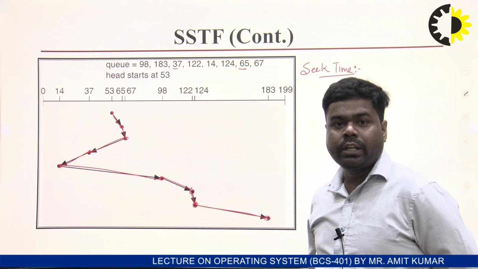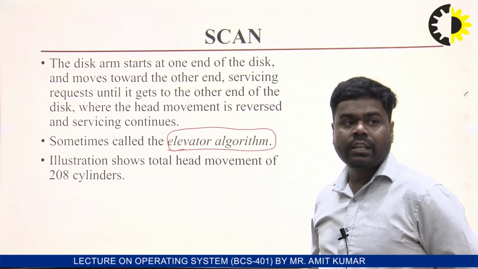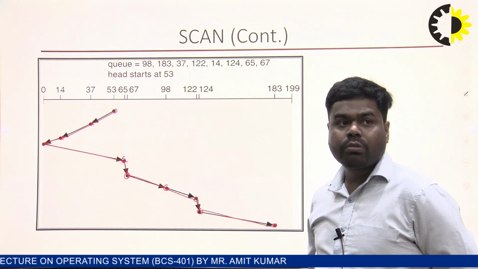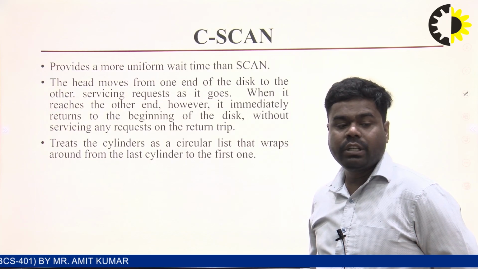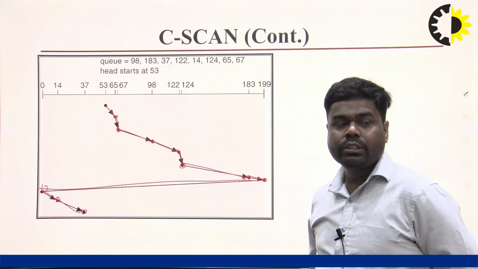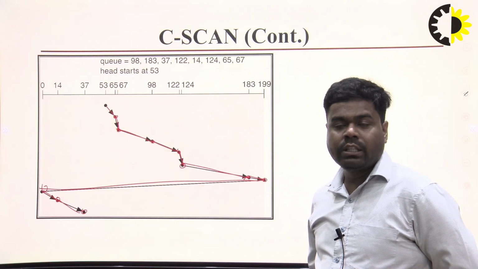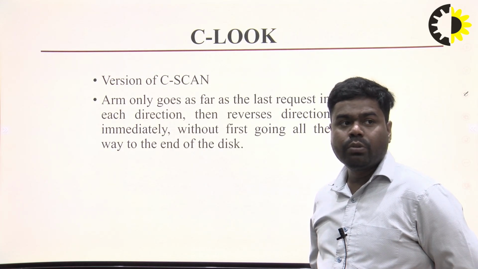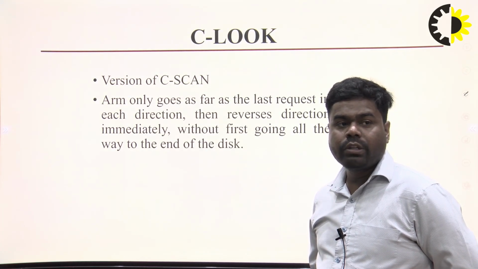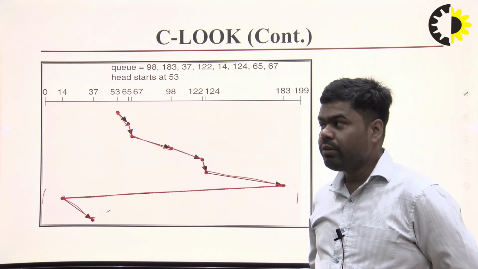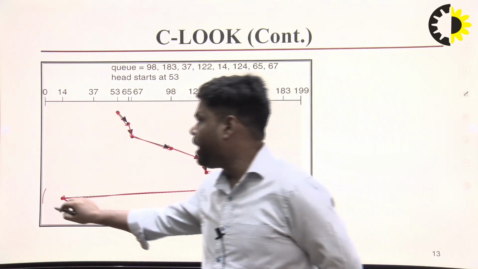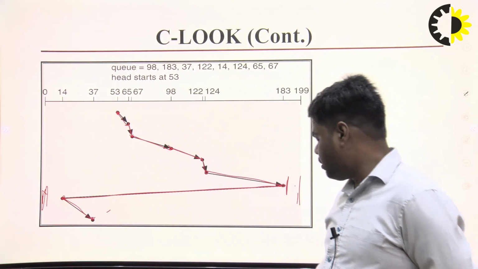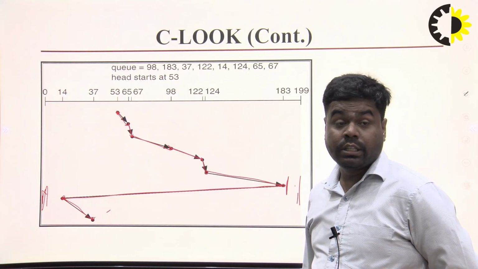Then SCAN, also called the elevator algorithm, and how to calculate it. Then C-SCAN, how it differs from SCAN, and how it moves from one end to the other. C-LOOK is a version of C-SCAN, going from the last point, 183, which is nearest to 199, and then 14, because it is nearest to 0. So this is the difference between SCAN and C-LOOK.